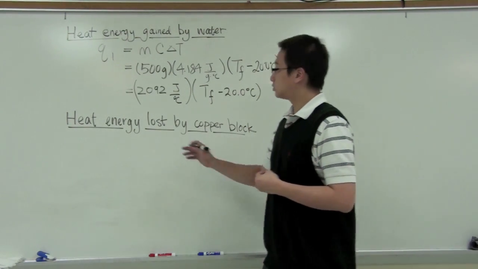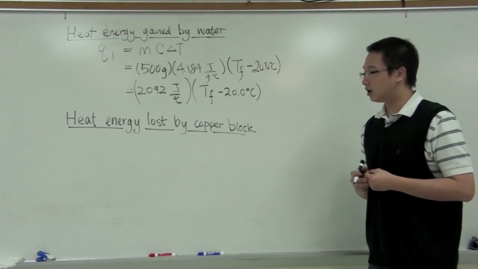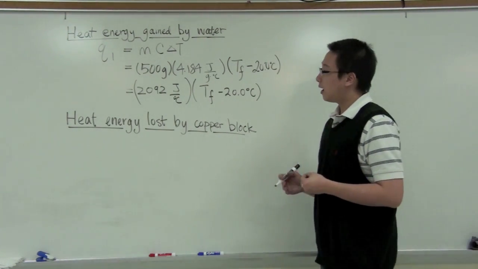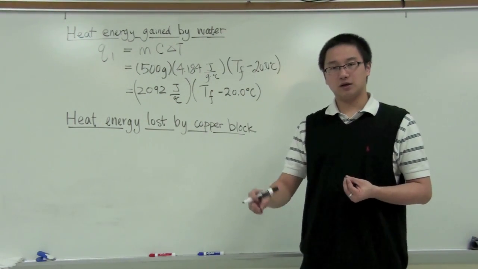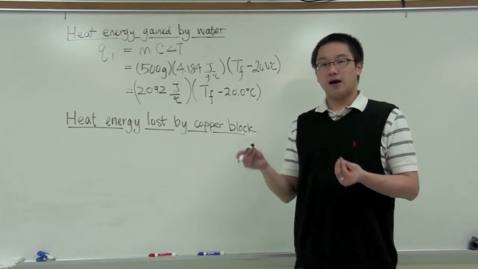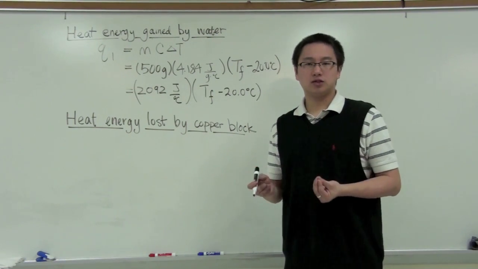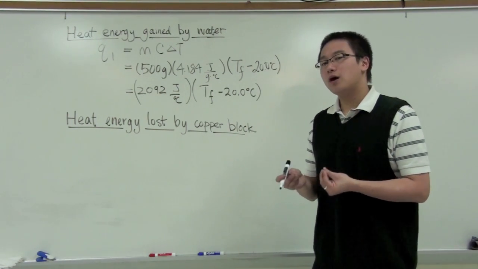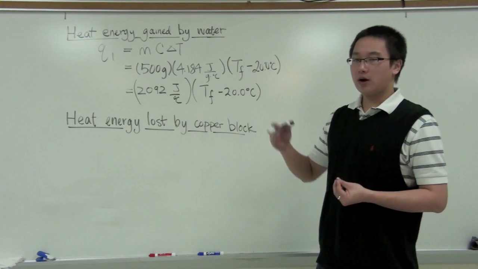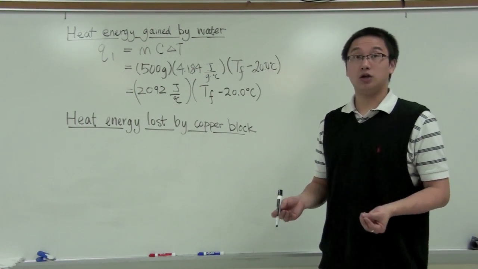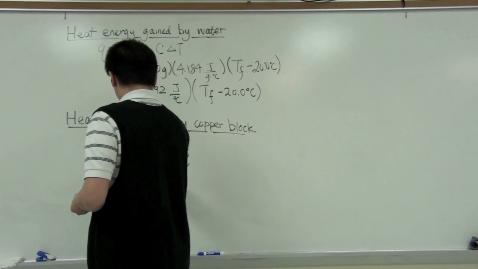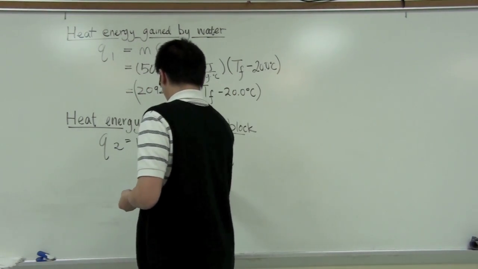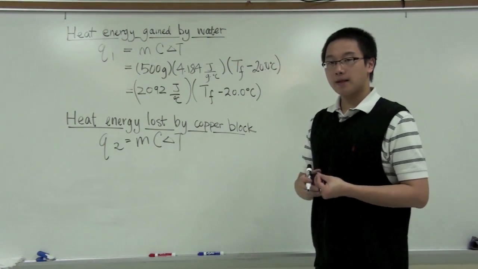Okay? So let's look at the heat energy lost by the copper block. The copper block is a solid, and when it is put into the water, it is still a solid. The only thing changing is the temperature. So we are going to use the same equation since it is just a change in temperature.